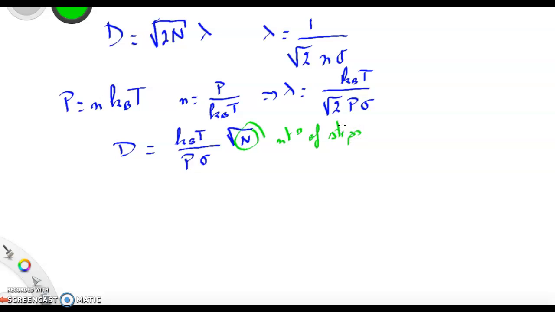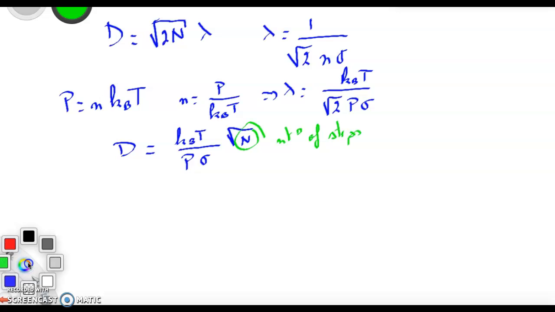The question is, we're going to put a distance, and ask ourselves how many steps we need to travel that distance.